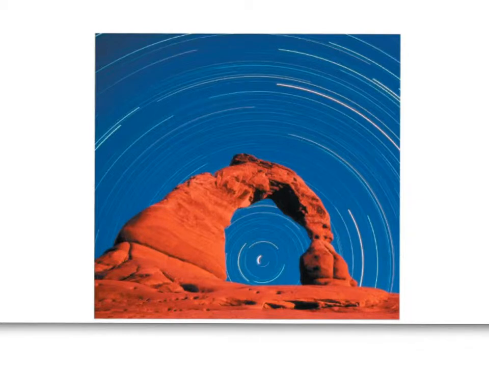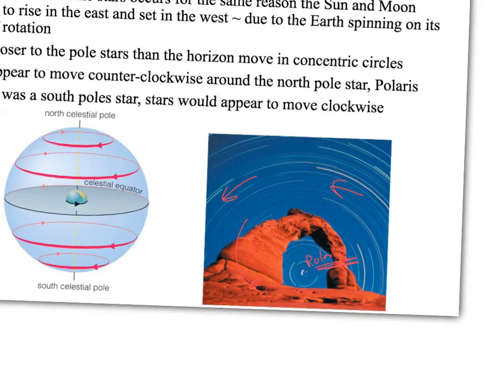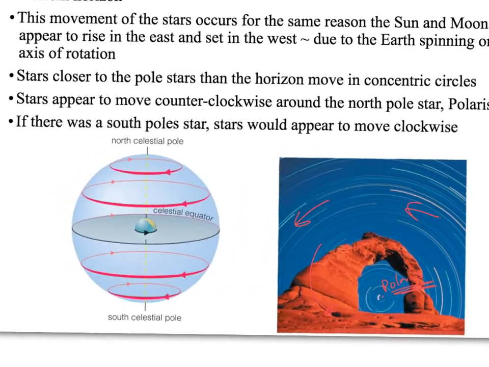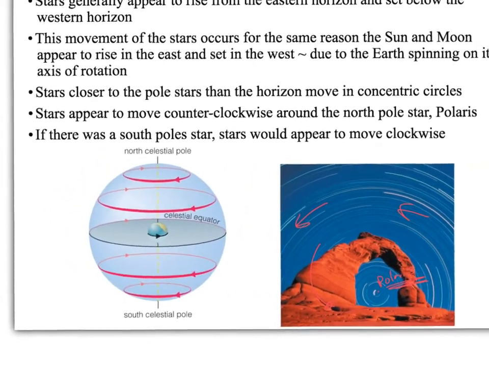If this is Polaris, which is the star that our Earth's axis of rotation is right now pointed to, we would see stars move counterclockwise. And in the southern hemisphere, there is no pole star. I think I mentioned that earlier. All right.